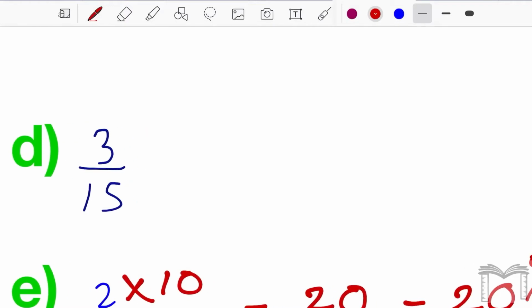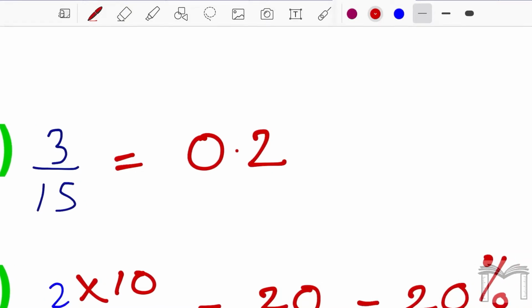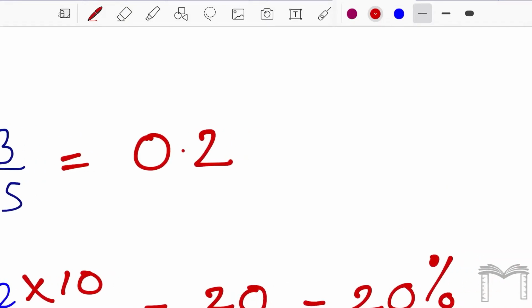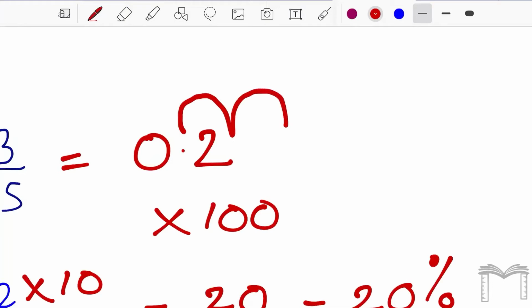So 0.2 as a decimal is easy to convert to a percent. This is a good time for me to show you this. What we do here, we simply multiply by 100, and when we're multiplying by 100, it means that we must move a decimal point 2 places to the right.